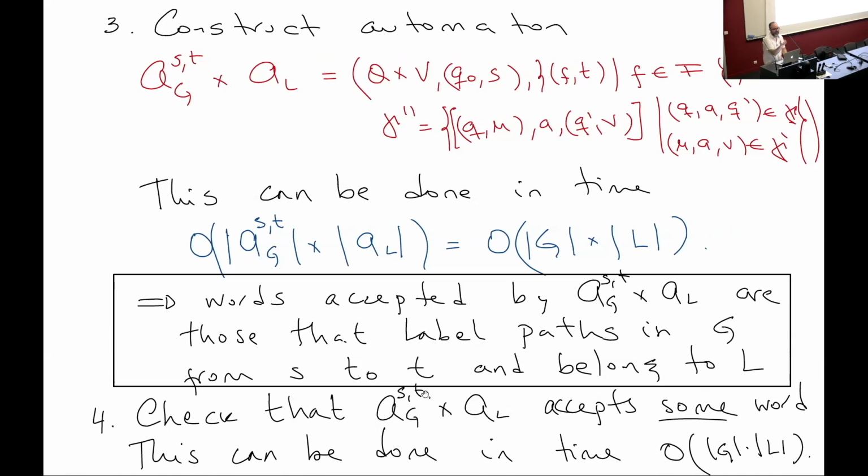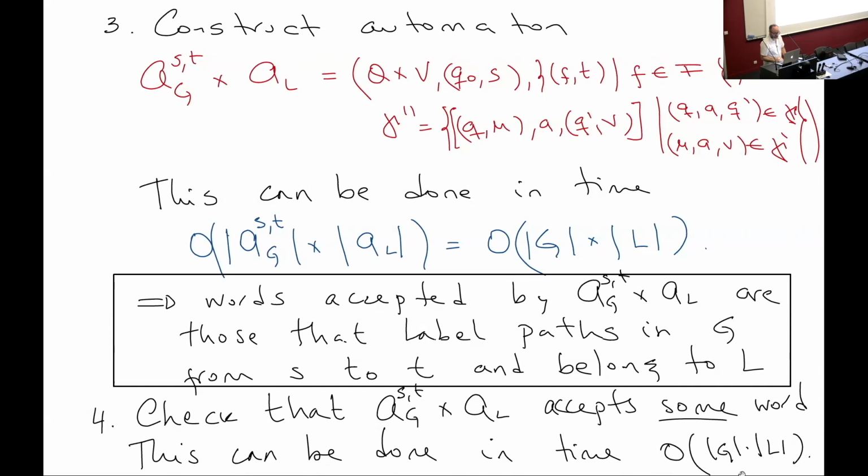So now we have a compact representation of all the words that belong to this language, in this automaton. And now the only thing that we have to do is to check this automaton for emptiness, because this automaton encodes all the words that label these paths.